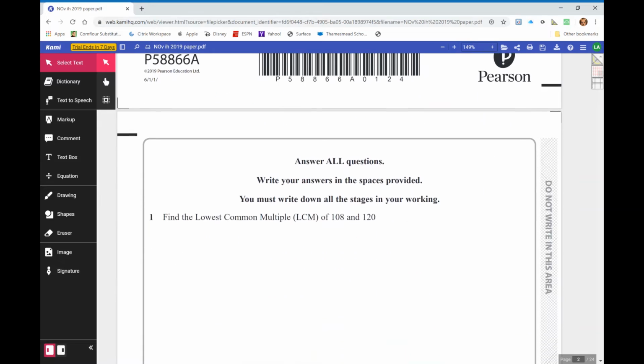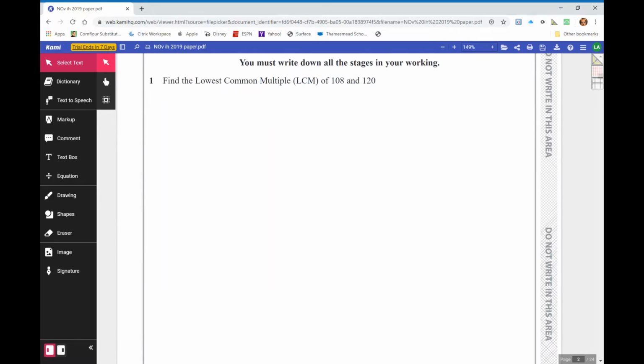Okay, so the first question: LCM of 108 and 120, so it's the lowest common multiple. It's basically the first multiple that 108 and 120 share at the same time.